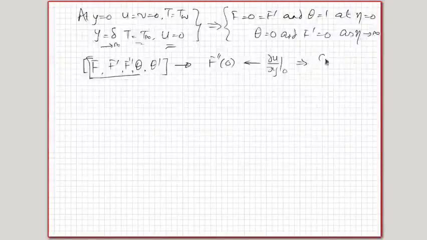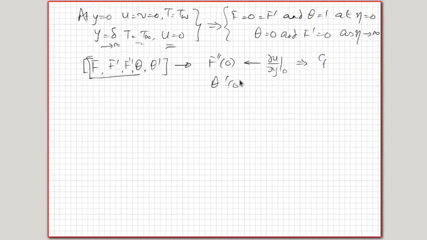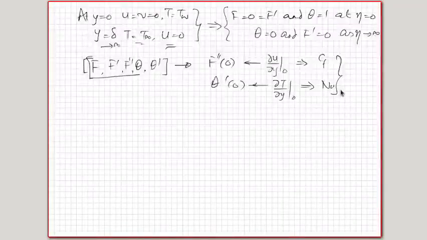This will give me CF, and theta prime at 0, which will correspond to del T by del y at 0, and this will give me this number. Okay, so this is basically how it is done. So you evaluate the gradients of velocity and temperature in the non-dimensional form, and then from that you can calculate the expression for this number.